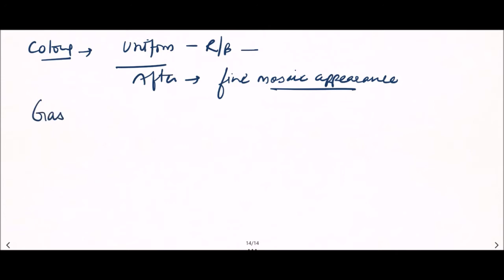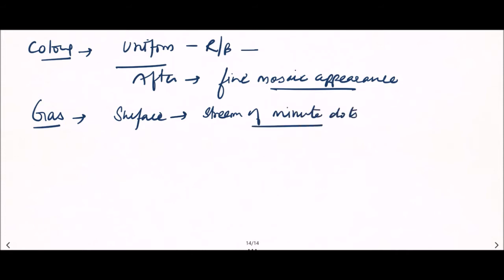Now, gas. If air is present in the lungs due to respiration, part of the air will be expelled or will rise to the surface as a stream of minute dots. So on the surface of lung, we can note a stream of minute dots if respiration has taken place.